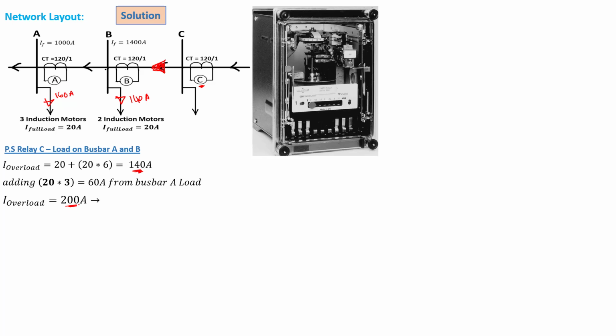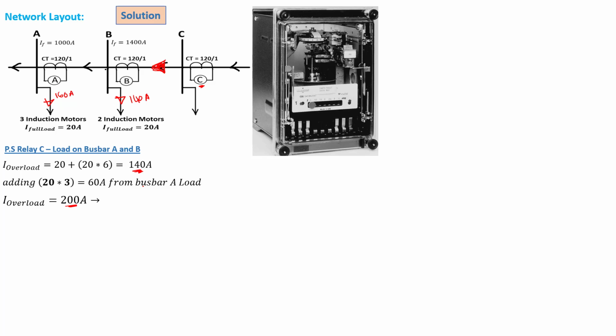But here we just took the assumption that things are good there, they're already running. No one is starting motors there. So we just take account of that load, and then we get the total overload that this relay will see, which gives us 200 amps.